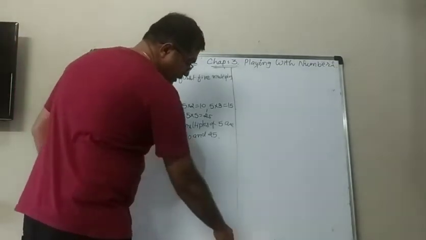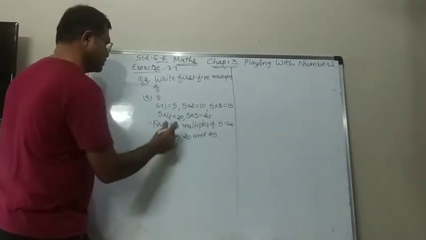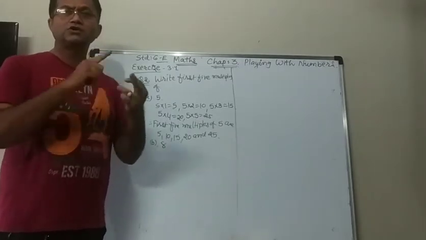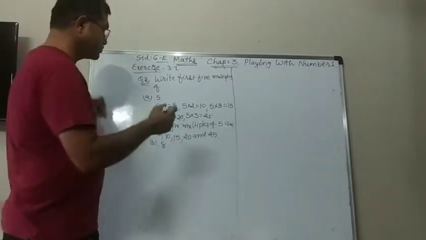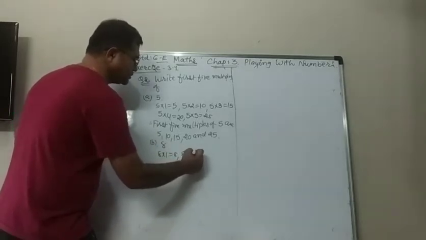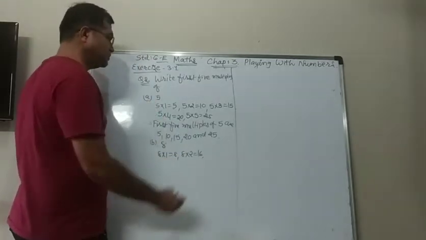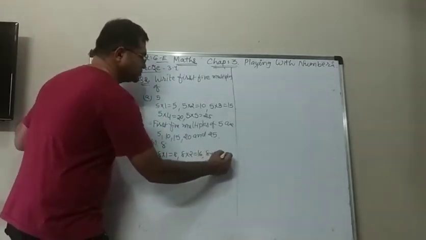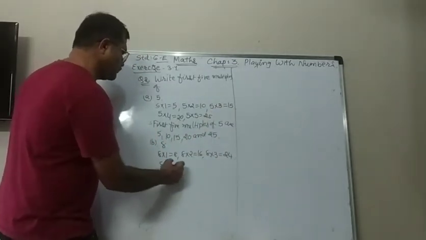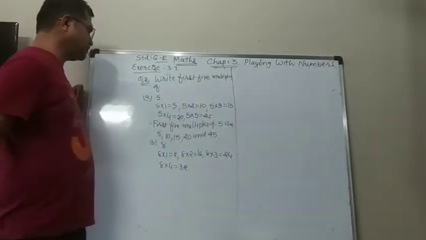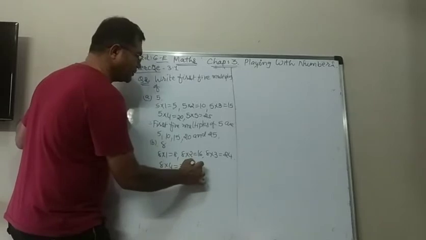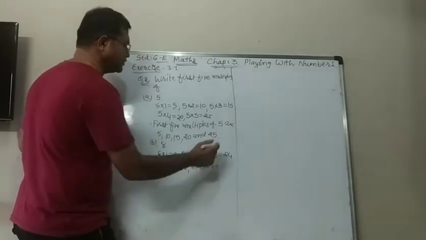Second is the number 8. So here also we have to do the same thing. We have to multiply 8 with 1, 2, 3, 4 and 5. So 8 ones are 8, 8 twos are 16, 8 threes are 24, 8 fours are 32 and 8 fives are 40.